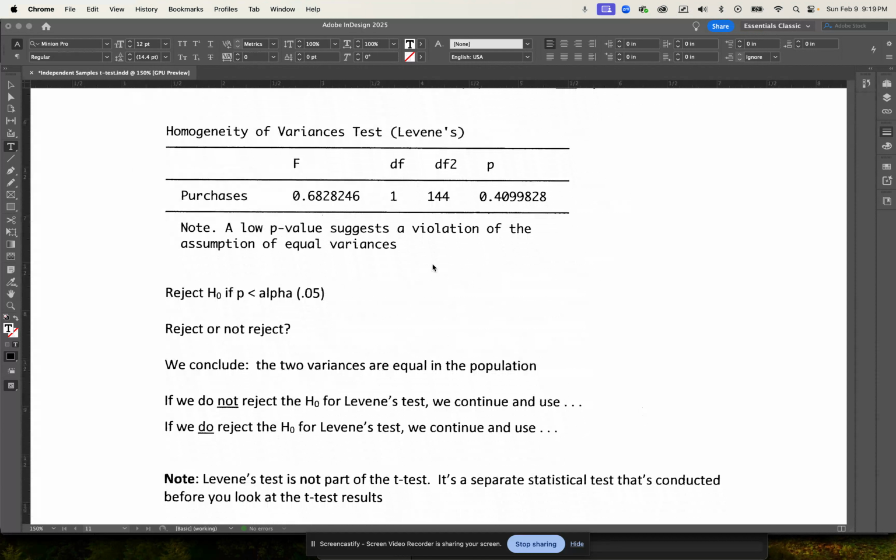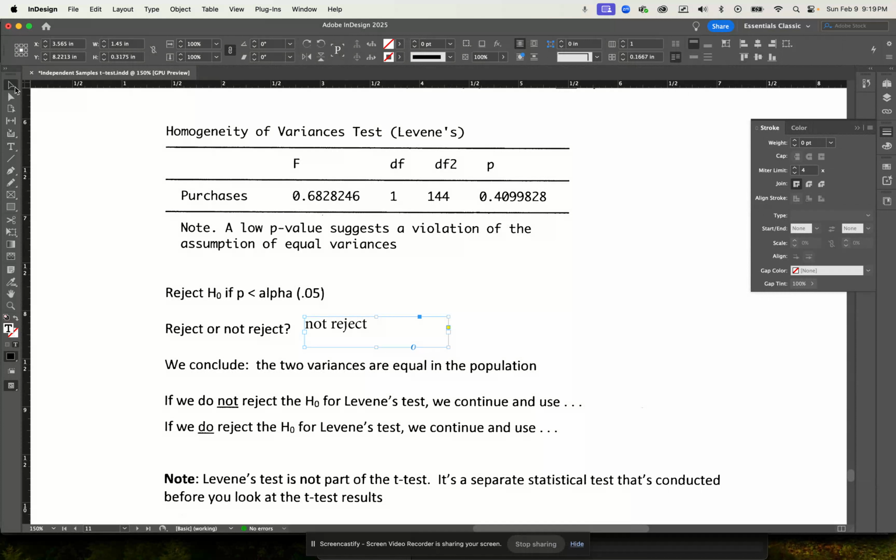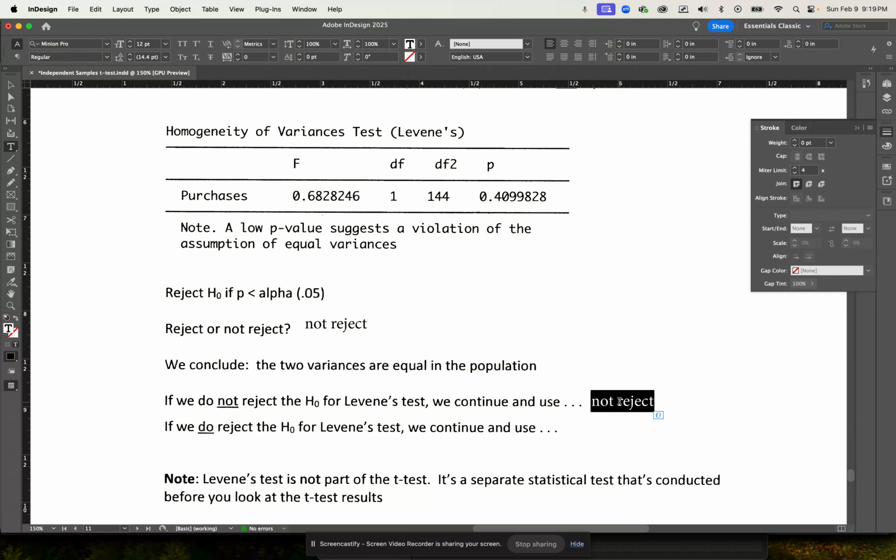So let's put that here. We're going to not reject. We conclude that the two variances are equal in the population. So here's the part to remember. If we do not reject the null hypothesis for Levene's test, then we will use the regular t-test.